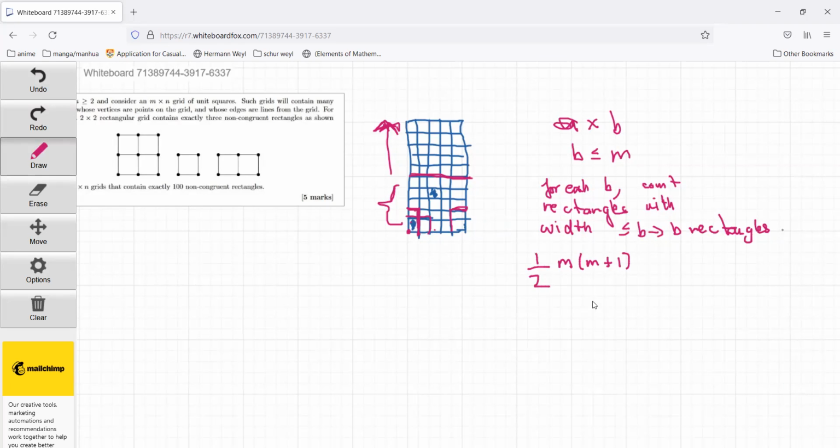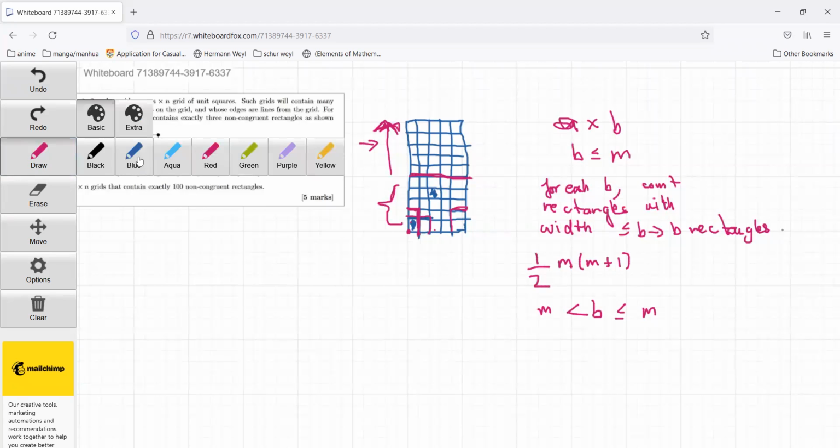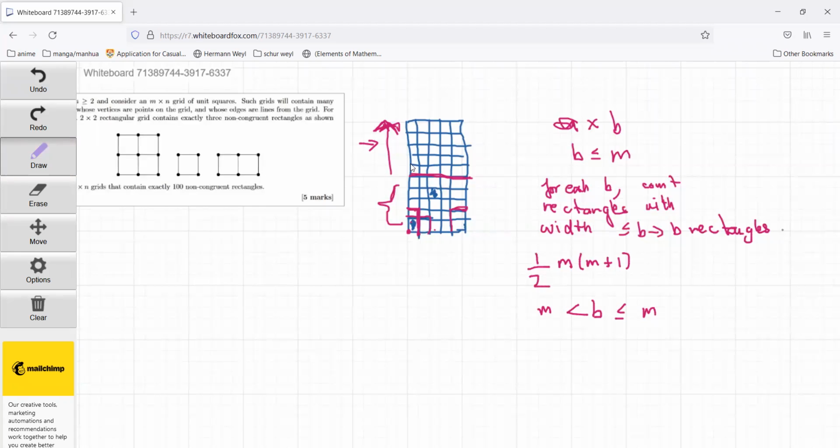Now we consider the case where B is strictly greater than m, but less than or equal to n. That's in this area. So here, when we have a rectangle like this, we're never going to be able to change the orientation this way, since this lies outside the rectangle. So we don't actually have to worry about the orientation.